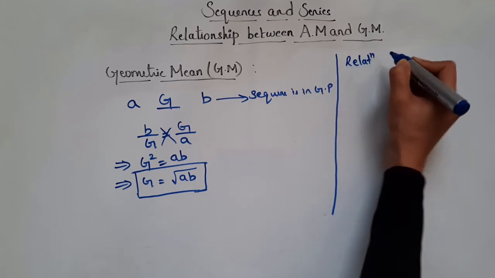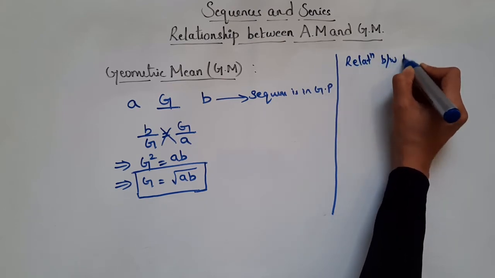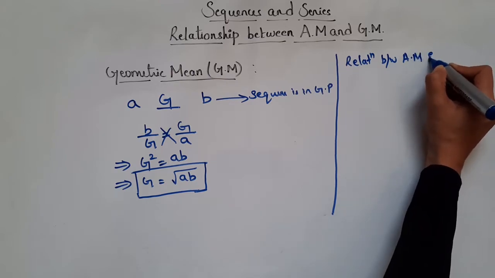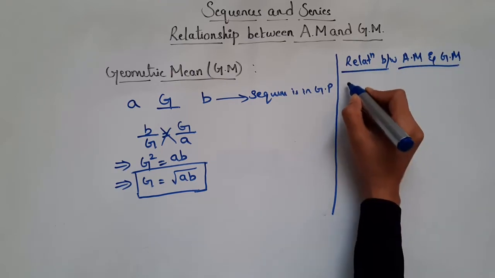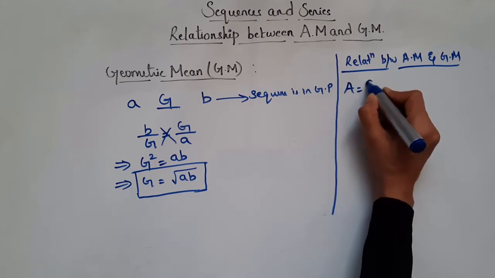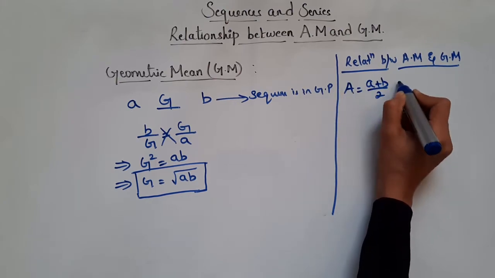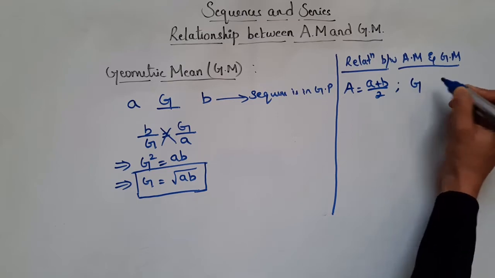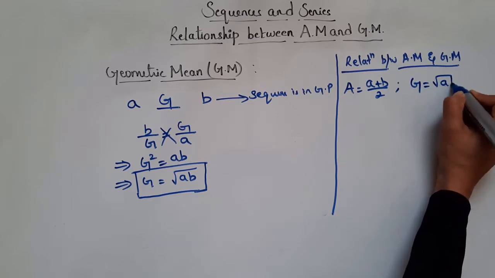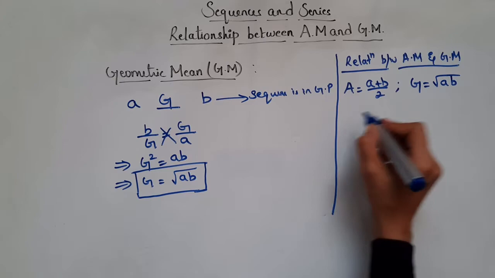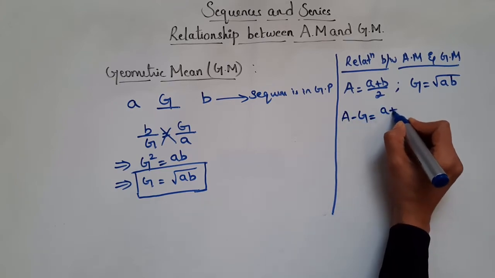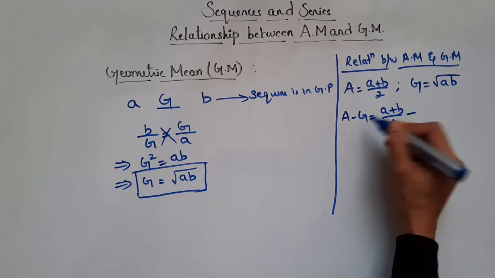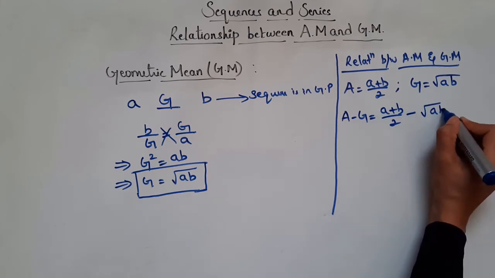So let me do it here. The arithmetic mean A is given by a plus b by 2, and we know the geometric mean g is equal to root ab. So let's do A minus g. So this will be (a plus b) by 2 minus root ab.